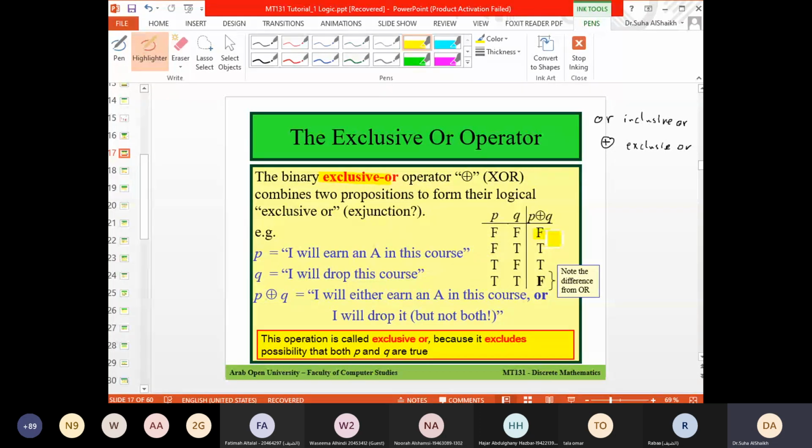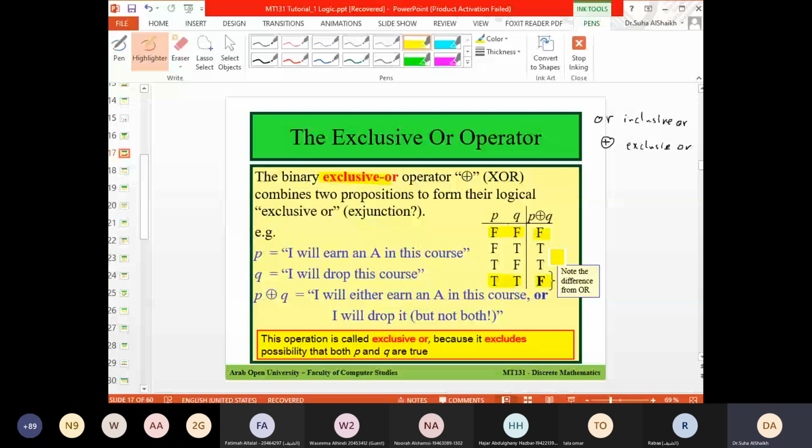It is false if they are both false, and it is false if they are both true, meaning it doesn't accept them being the same. If one is true and one is false, it's going to be true. It's true only if they are different, and if they are the same, it's going to be false.